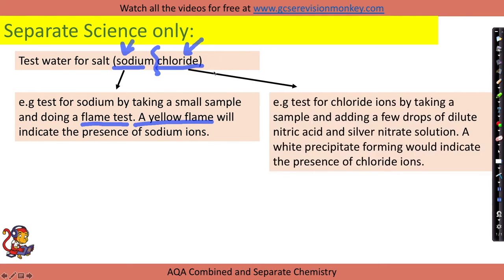And for the chloride ions, we would take a sample and add a few drops of dilute nitric acid and silver nitrate solution. A white precipitate forming would indicate the presence of chloride ions. So this, in addition, I would recommend you write about doing before and after the distillation of salty water.